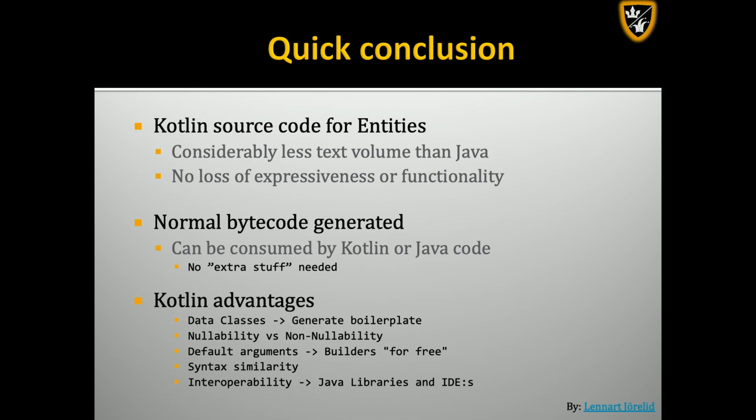There's still normal bytecode generated. There's no magic stuff in Kotlin. You just generate standard bytecode. So that means you can easily, from a Kotlin project, consume Spring or your own library you produced in a Java project, or some other jar. There's no impedance mismatch there.